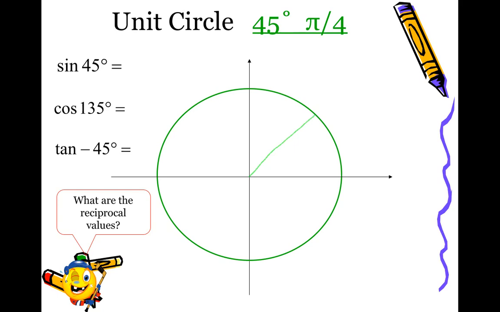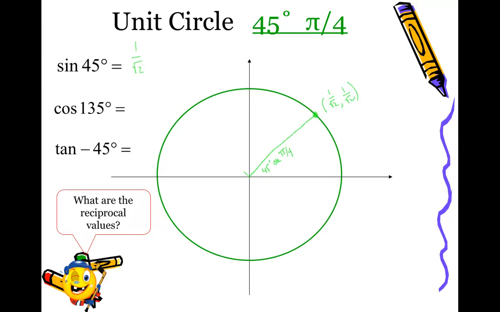This is 45 degrees or pi over 4 radians. This coordinate point right here is going to be 1 over root 2, 1 over root 2. So that means that the sine of 45 is going to be 1 over root 2.